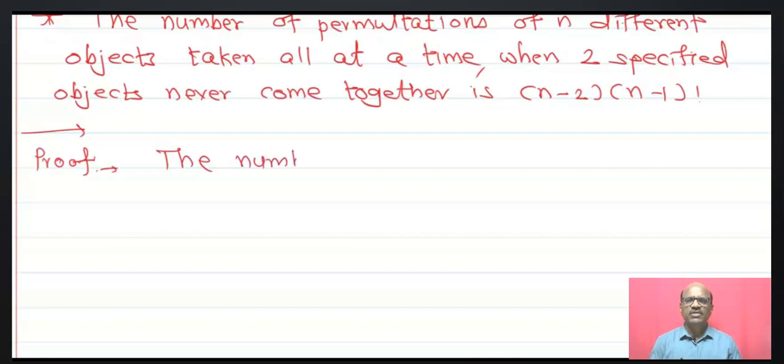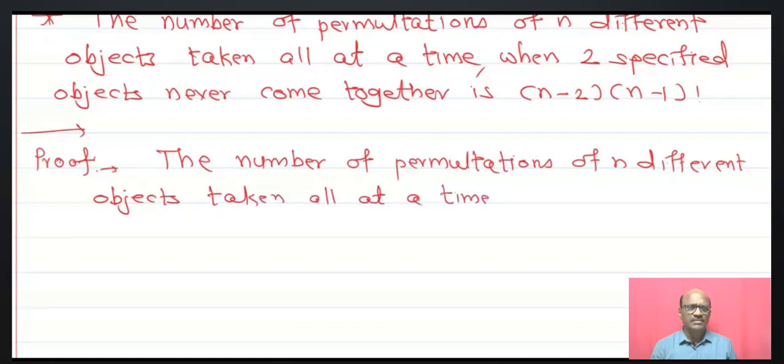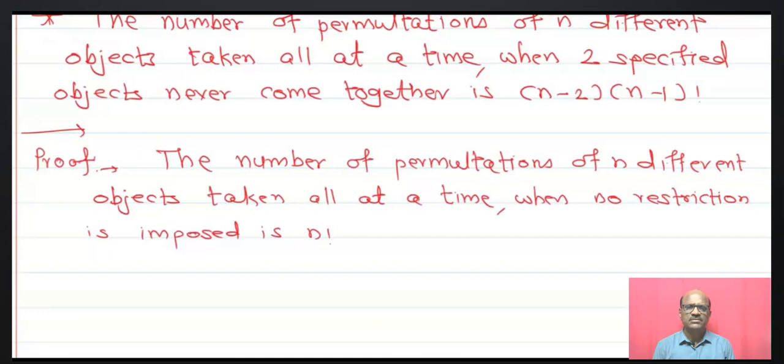Two specified objects never come together. The number of permutations of n different objects taken all at a time when no restriction is imposed is n factorial.